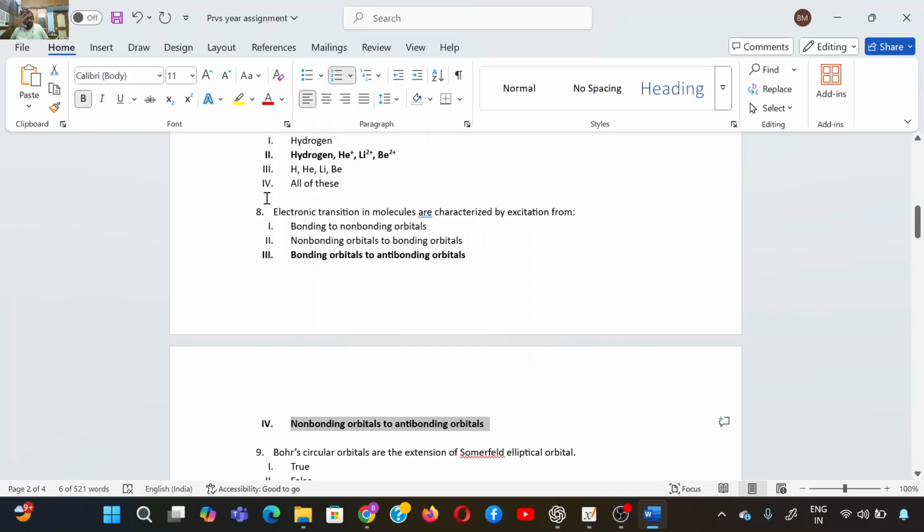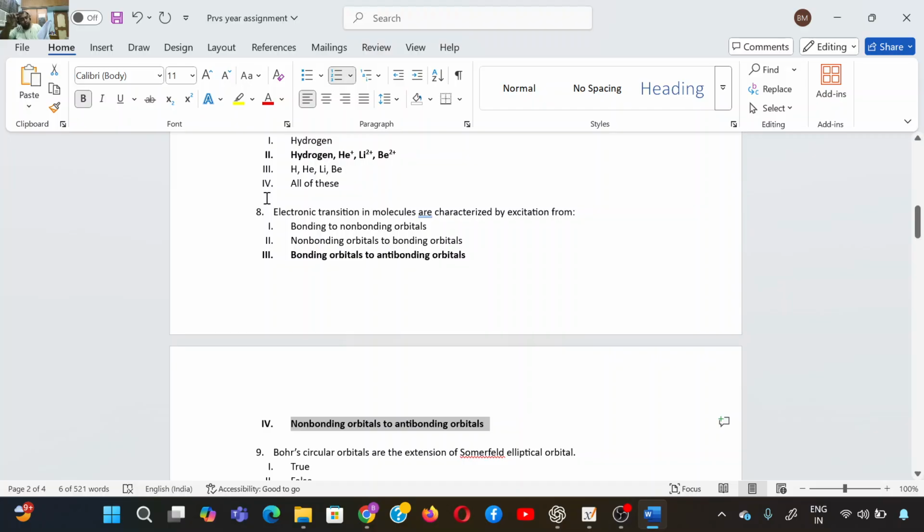So you only imagine what transitions can happen. It can go from sigma to sigma star, pi to pi star. That means from bonding to anti-bonding, that is the third option.